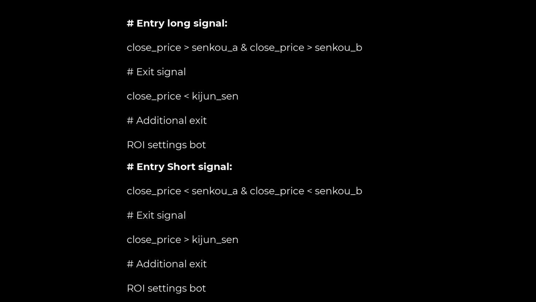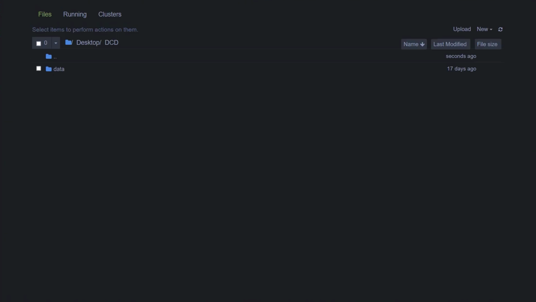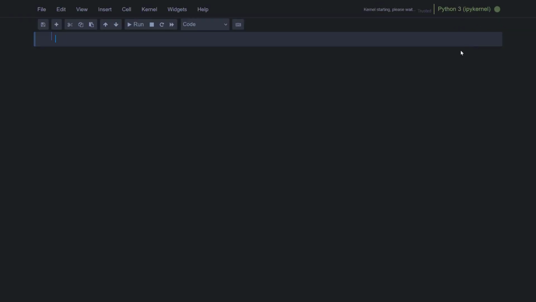So now that we have our pseudocode, let's get down to business and start with the actual coding. I will start by creating a new Jupyter notebook and then start with my first cell.